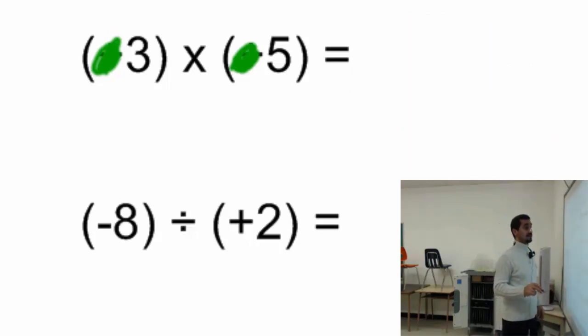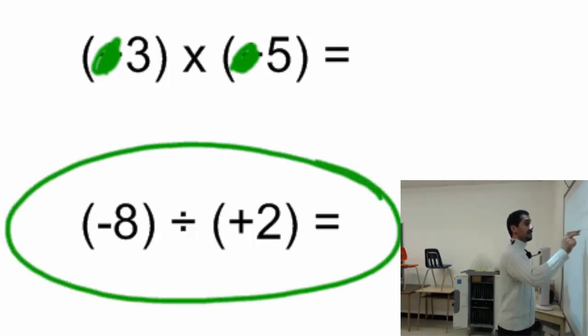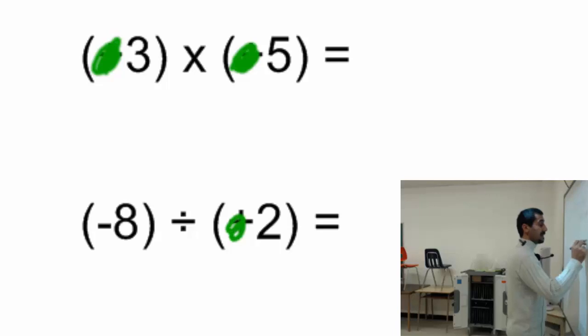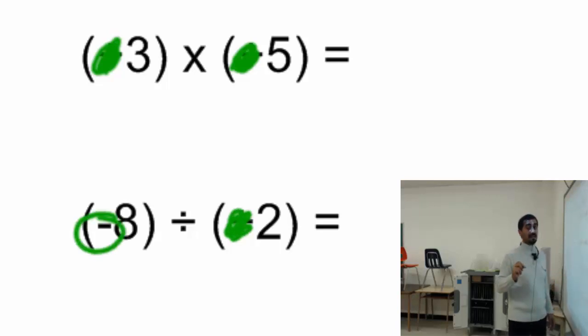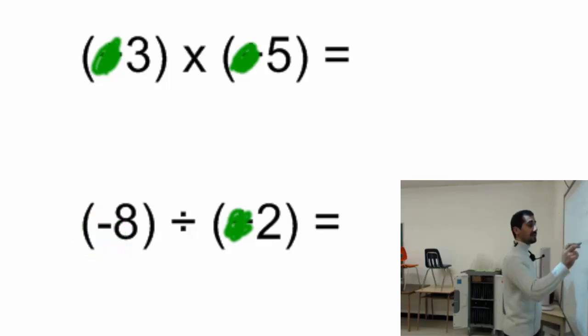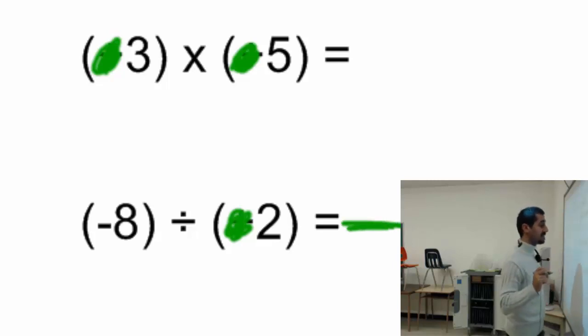Next, I have the plus sign here that I like to ignore, and I have a minus sign here that I cannot ignore. So my answer will involve only one sign left, which is minus. My answer will involve a negative sign.